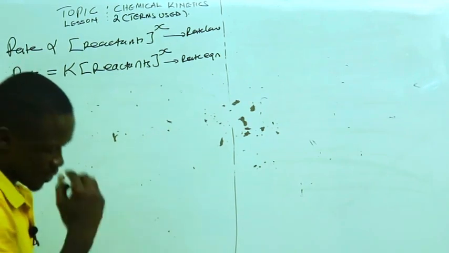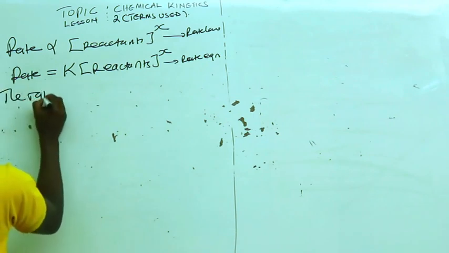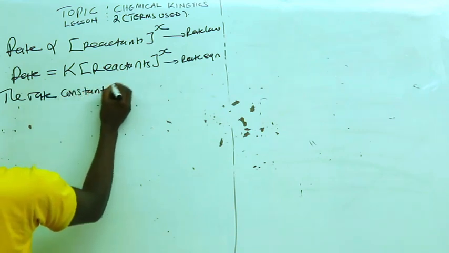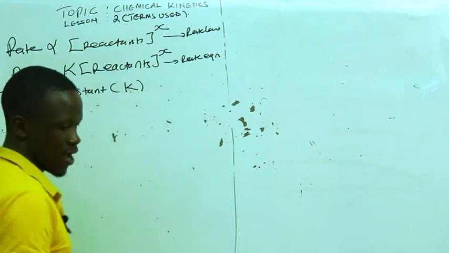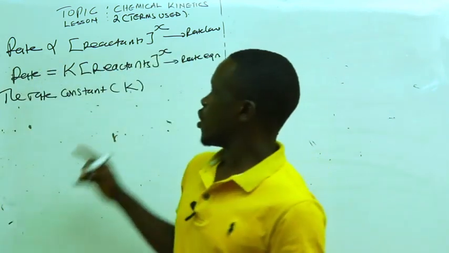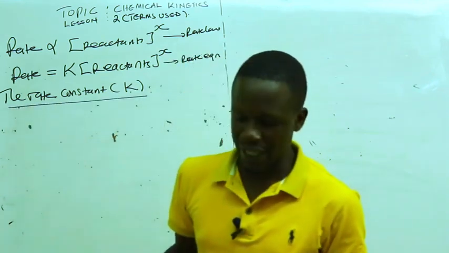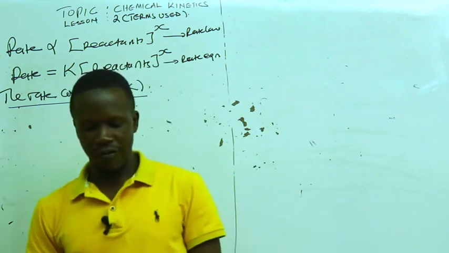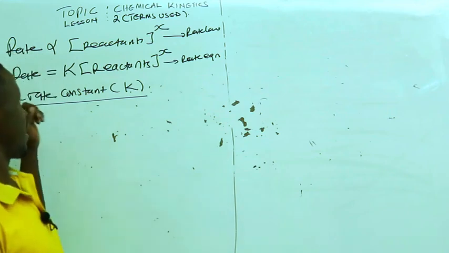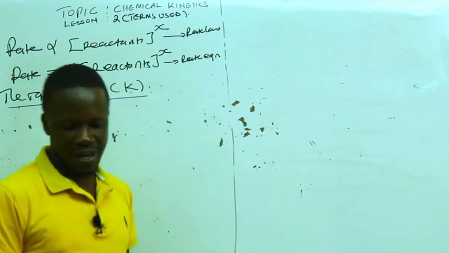And the first part of the rate equation that we're going to look at is the rate constant. The rate constant here is K. The rate constant is the constant of proportionality of the relationship between the rate of reaction and the molar concentration of the reactants.